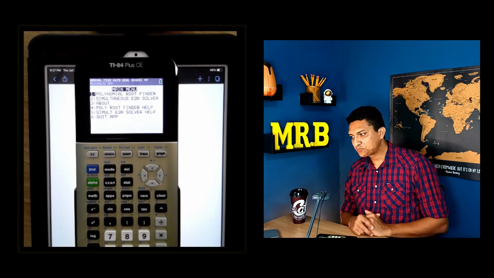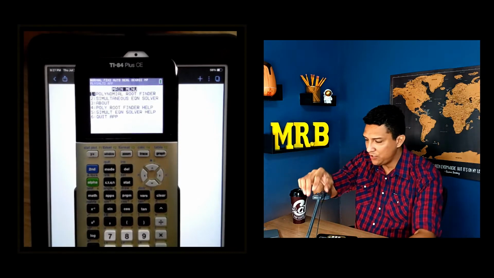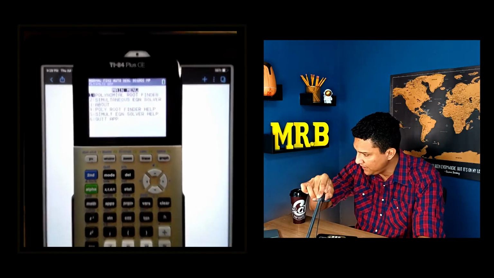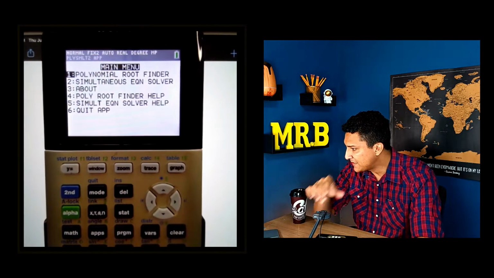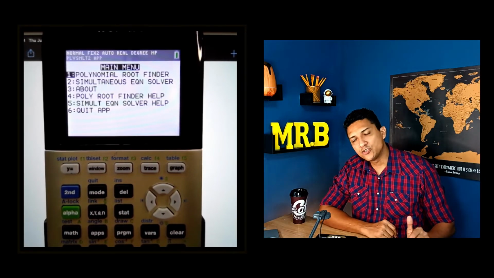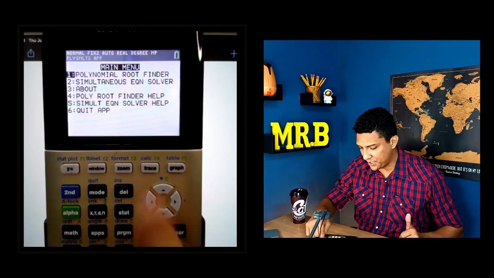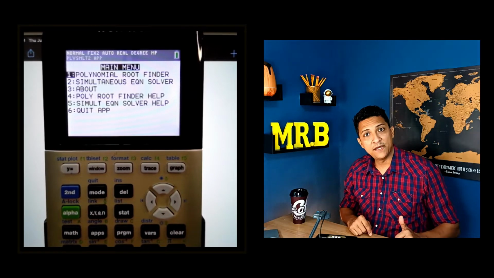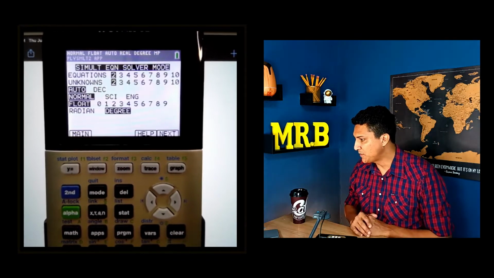And there, you need to select the option that says simultaneous equations. I'm gonna zoom in. Okay, notice that option number 2 says simultaneous equation solver. So I can either scroll with the cursor buttons, or I can press the number 2. So I'm gonna press number 2.